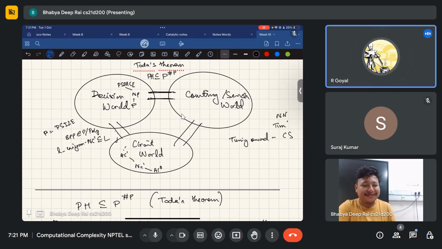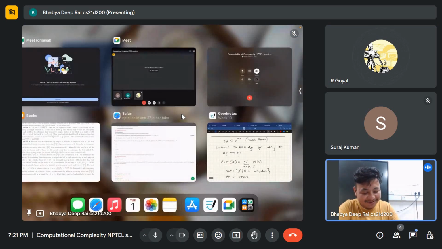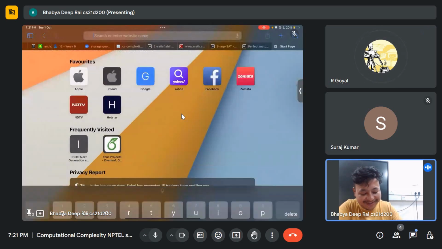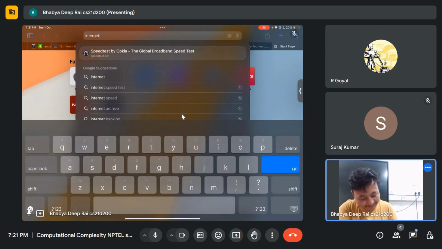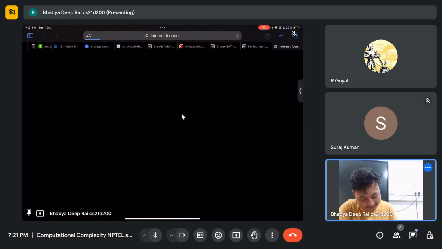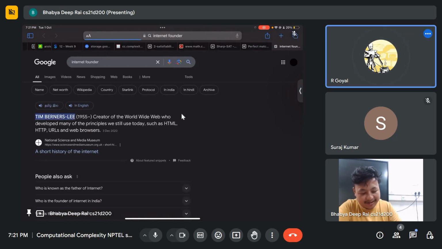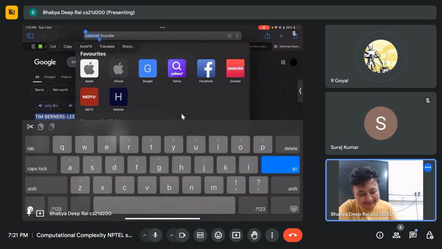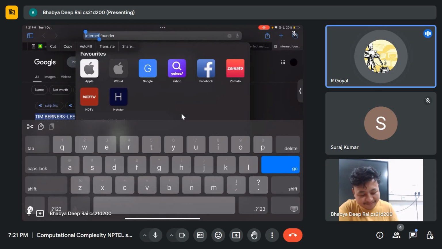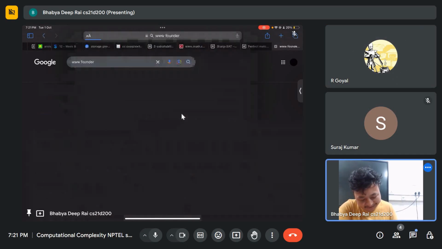Of course, since this is getting recorded, we should give credit to those people. Internet founder: Tim Berners-Lee. And the other, WWW founder.